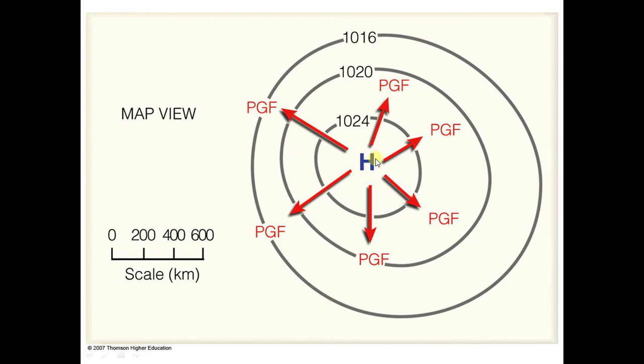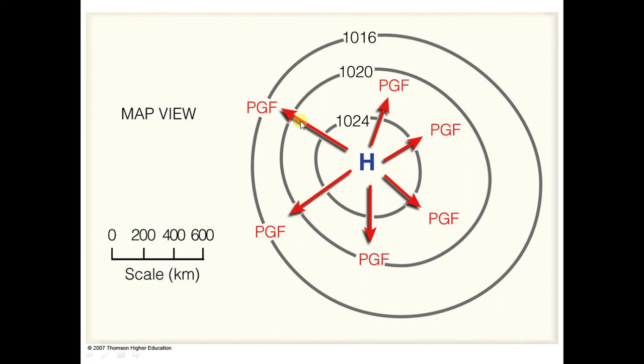Because this is the center of the high, the pressure gradient force acts basically in all directions, because from the center of the high, it can go any direction and be at a right angle to the isobar. But notice the isobar spacing is not the same in all regions around the high.